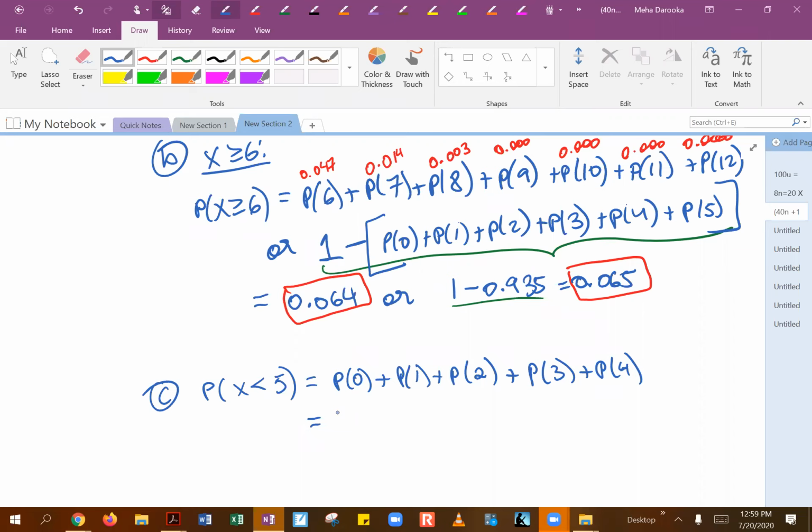For each individual, just make sure you're rounding it to 3 decimal places and then add them together at the end.